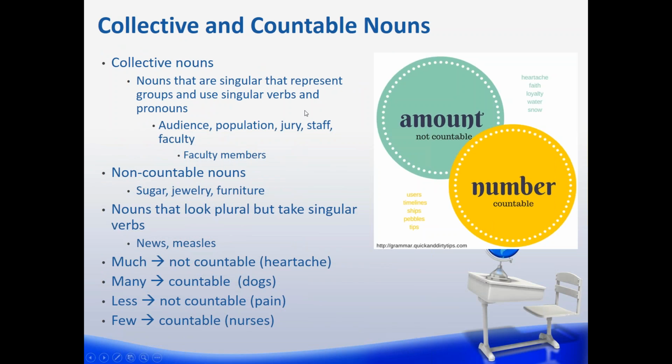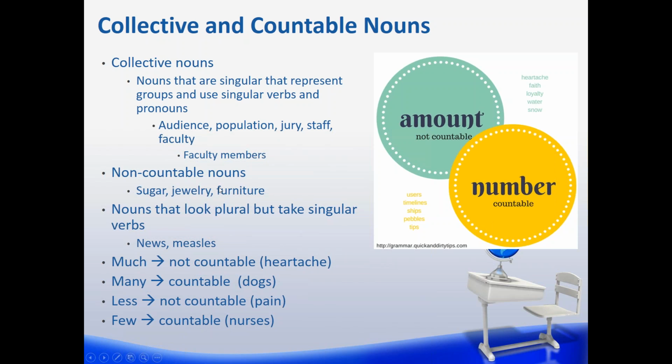Then we have these collective nouns and countable nouns. Some of them are singular and take singular verbs and pronouns. Common ones are jury, staff, and faculty. So if you need them to be plural, then you need to change these to be adjectives and have a word that can be pluralized.